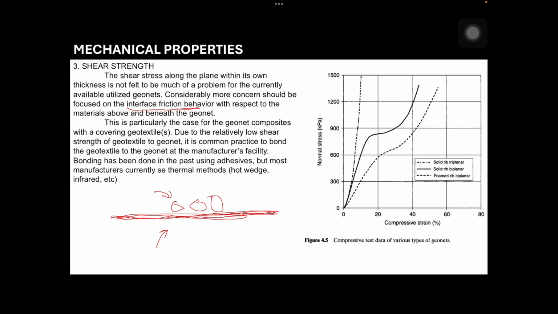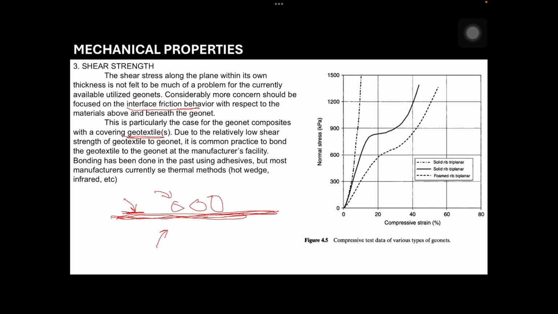That's why we line the surfaces of the geonet with geomembrane or geotextiles. This is particularly the case for geonet composites with a covering geotextile.